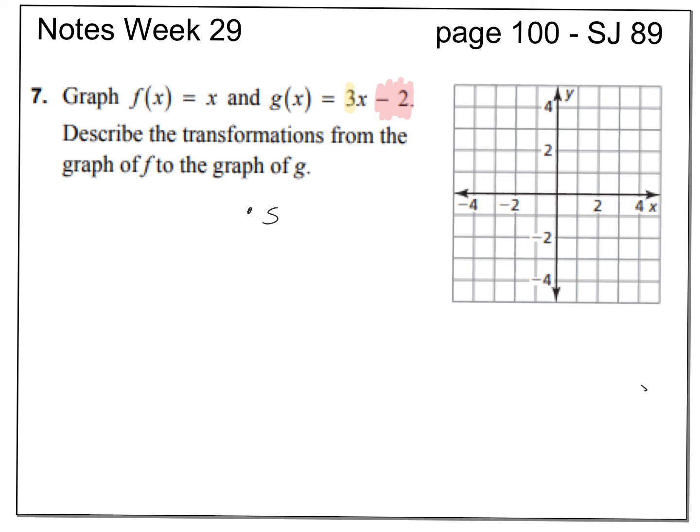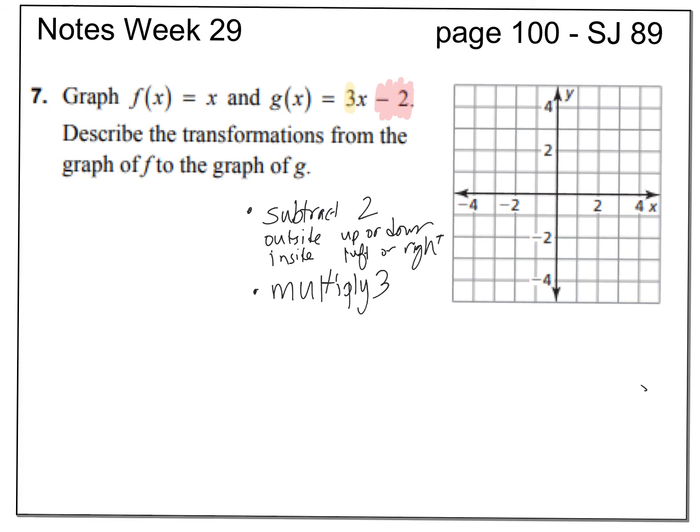I have subtracting 2, and I have multiply by 3. Now those are not the transformations. I'm making these little notes so we can see. Subtracting 2, if it's on the outside, that's up or down. If it's on the inside, that's left or right.